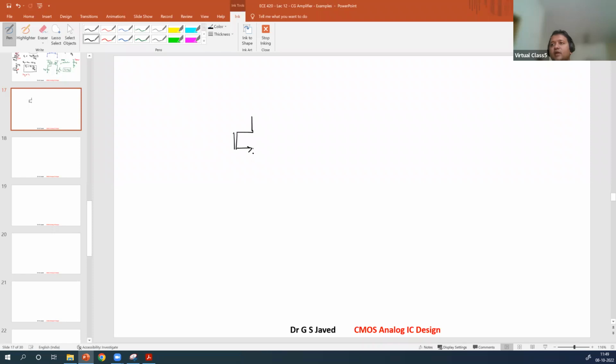I have my main PMOS device here. I will put a current sink or a current source. You can call it I. This I you will replace with your actual transistor circuit, and this is your load RD with a current ID, and your biasing resistors R1, R2.